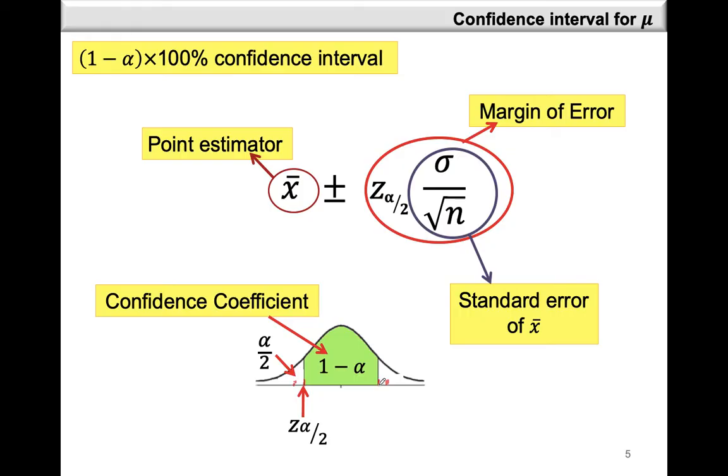Please take note that you need to be able to differentiate the margin of error, the standard error, and the sampling error. The sampling error, keep in mind, will be the absolute difference between your point estimator and your population parameter. In this case for us, it would be the absolute difference between X bar and mu.